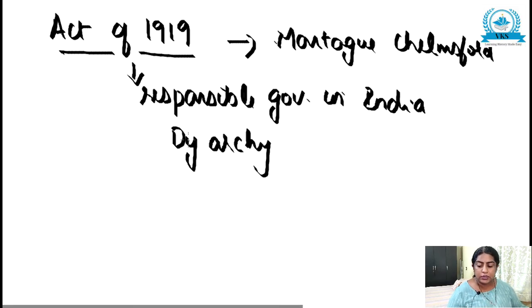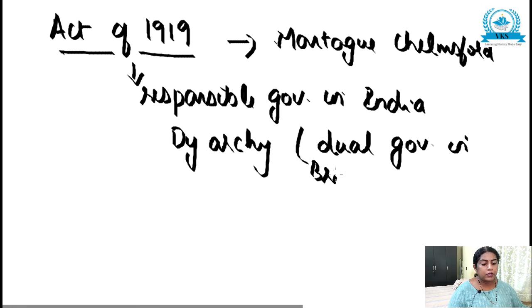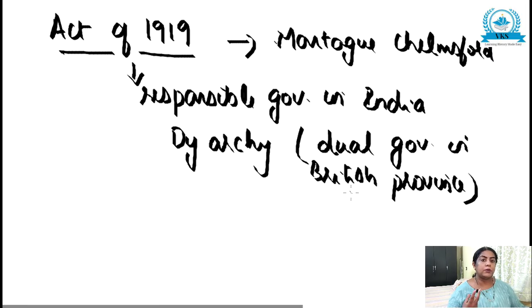It aimed at a responsible government in India and also to introduce diarchy. Diarchy is dual government in British provinces, dual government, double. That was the purpose of the Montague-Chelmsford report. After this came the Government of India Act of 1935, which we should learn in detail.